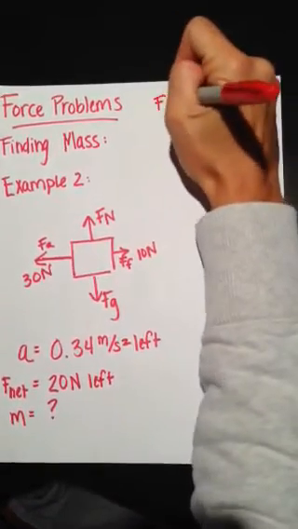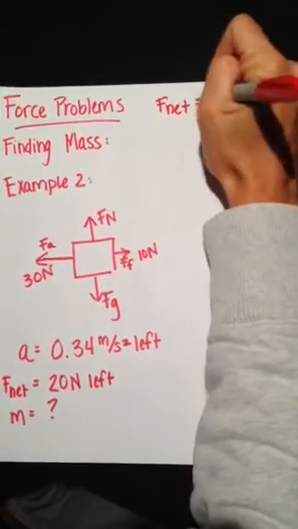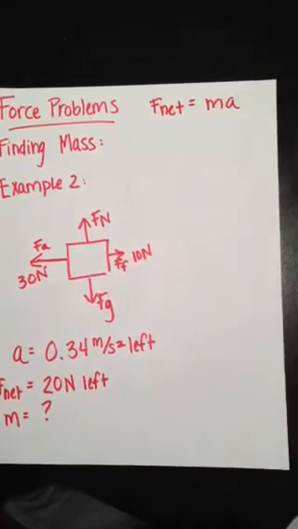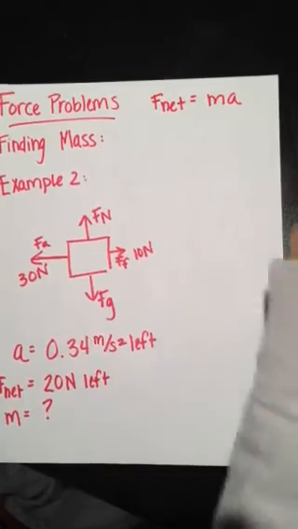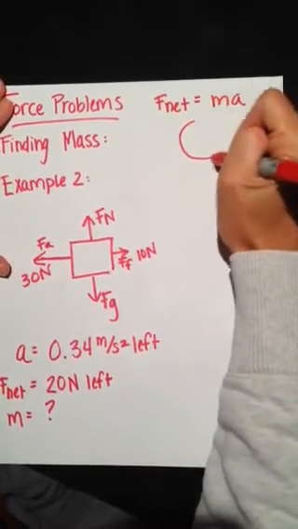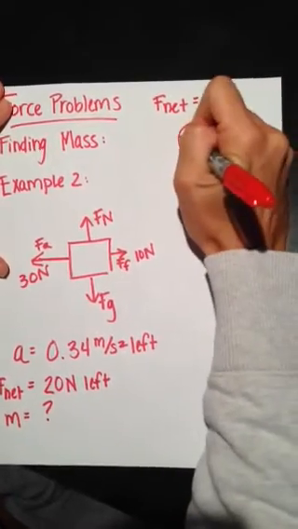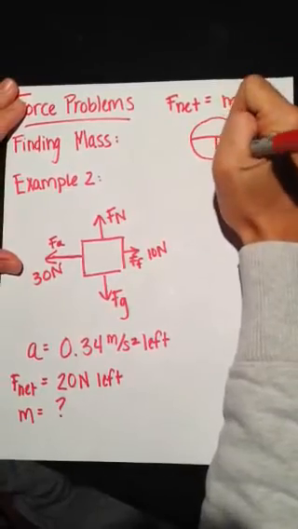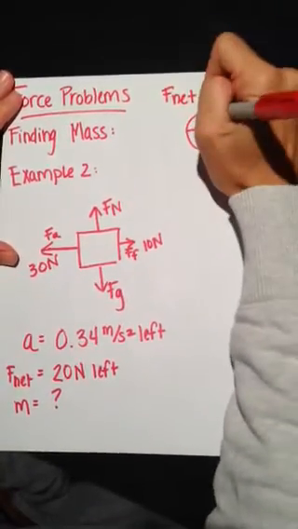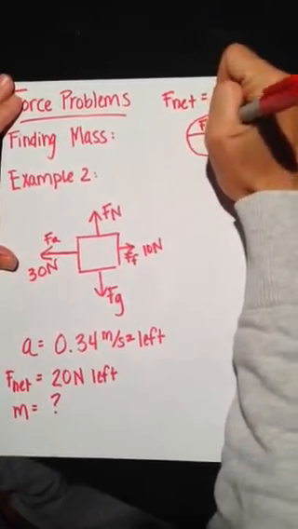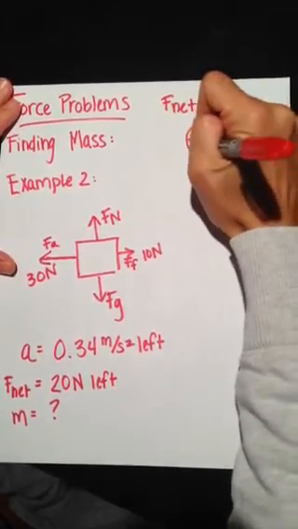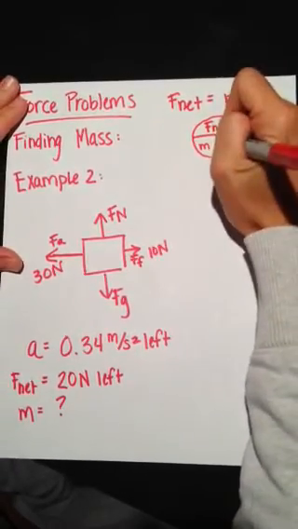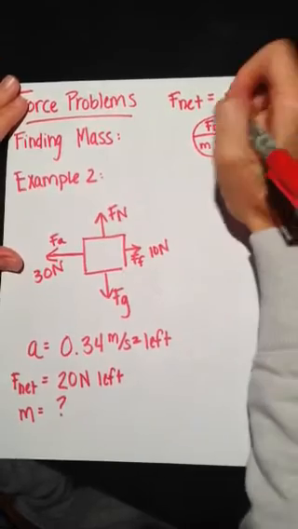So we know, based on Newton's second law, F net equals mass times acceleration. What I want to do is use my circle that I've used in previous examples, not specifically for this, but I'm going to put F net up here and my mass and my acceleration here. Anything that's together is going to be multiplied.